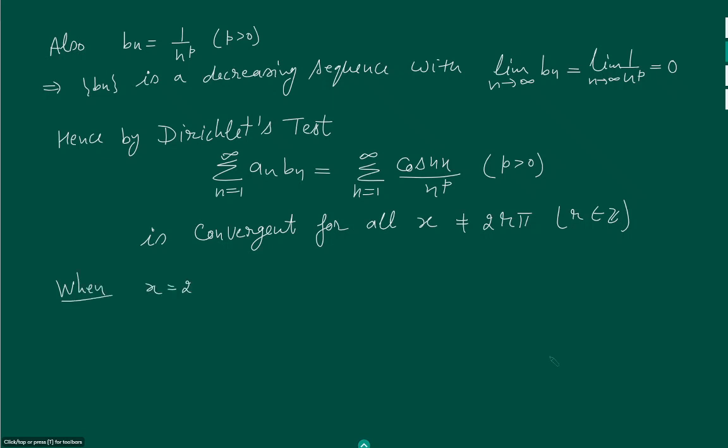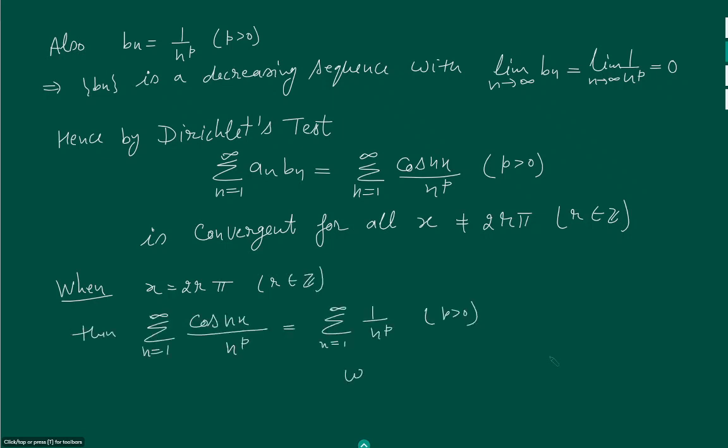And what happens when x is an integral multiple of 2 pi? In that case, the series is simply summation 1 over n raised to p, because cos nx would be 1 for all those x which are multiples of 2 pi. So the series reduces to 1 over n raised to p, which is convergent if p is greater than 1, and divergent if p is less than or equal to 1.